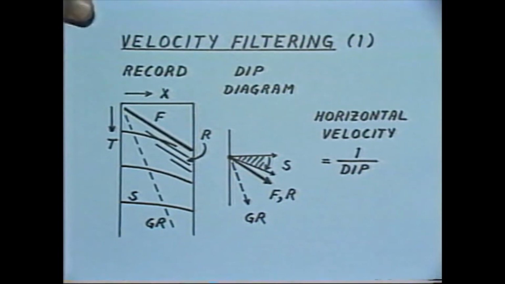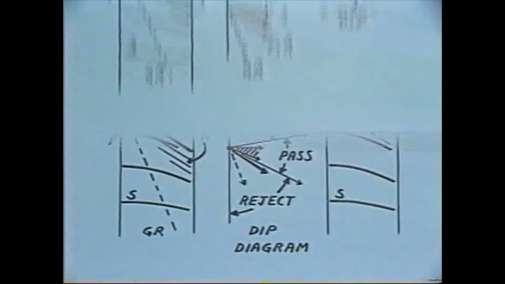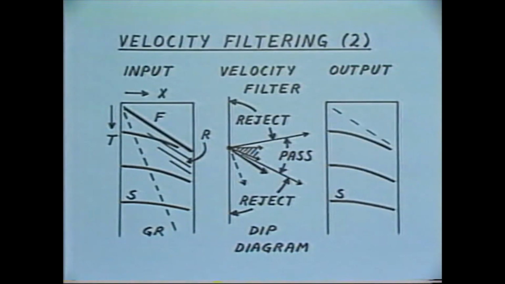Well, the process of velocity filtering is illustrated on the next slide. We'll repeat again the diagram of the seismic record with the signal and different noise modes and the dips of those various things on the dip diagram. Now, velocity filtering is a process which operates on all of the traces of the seismic record at the same time. And in doing so, it can discriminate against the events with different dips.